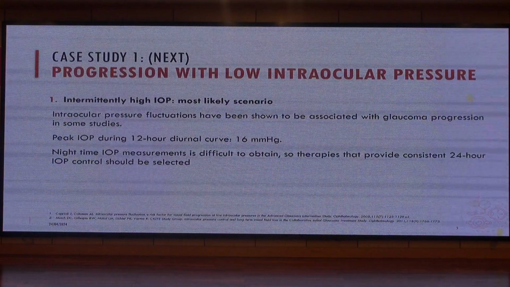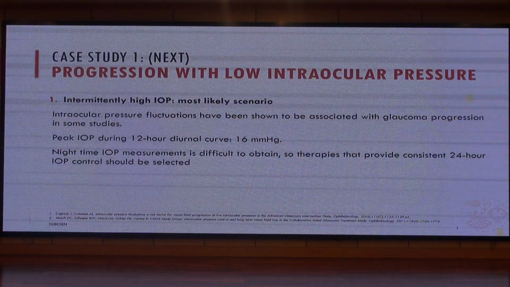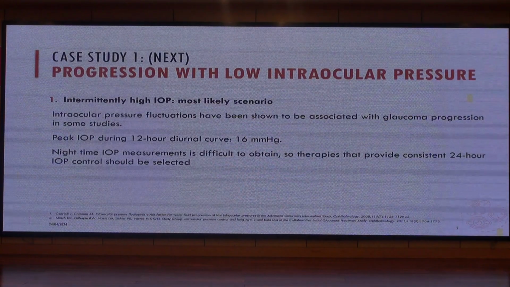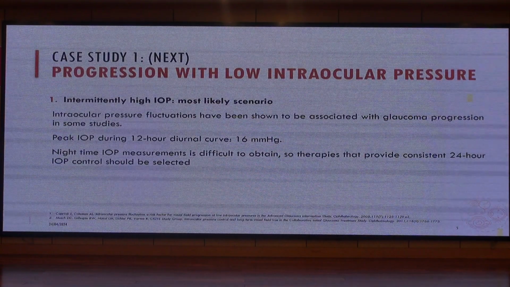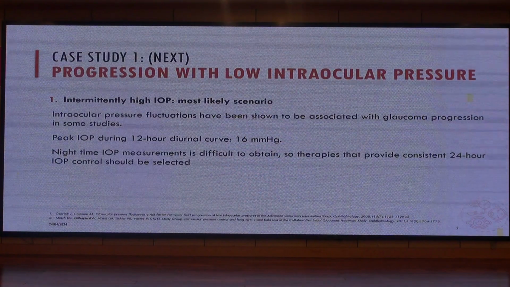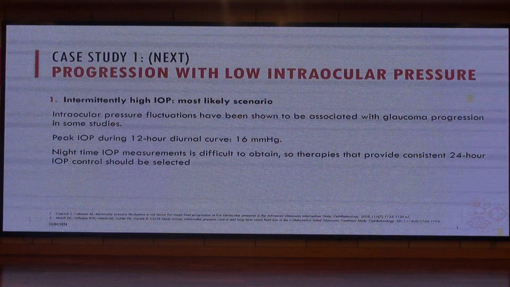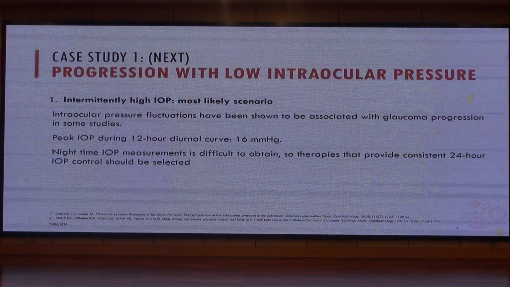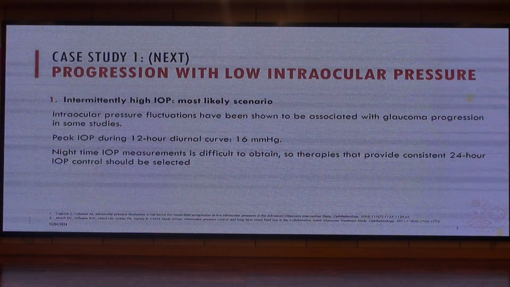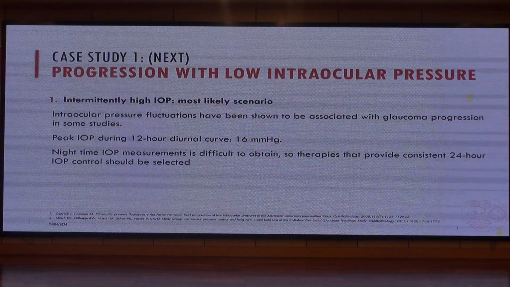So intermittently high IOP seems the most likely scenario. We know that intraocular pressure fluctuation has been shown to be associated with the progression of glaucoma in many studies. In this patient, the peak IOP during 12 hours was 16 mmHg, and the IOP on check was 10 mmHg, so the fluctuation is around 5 to 6 mmHg.